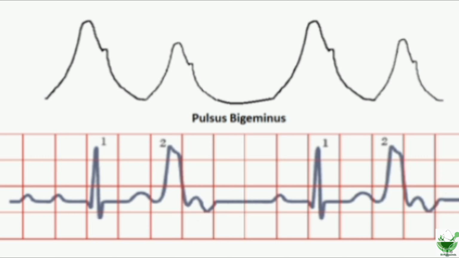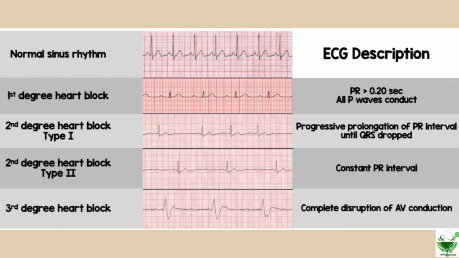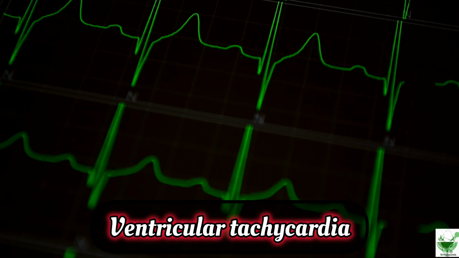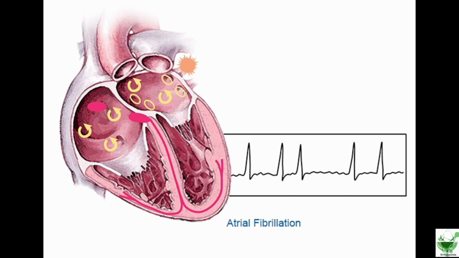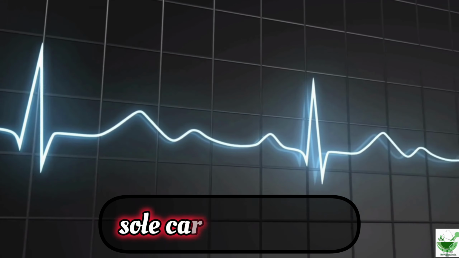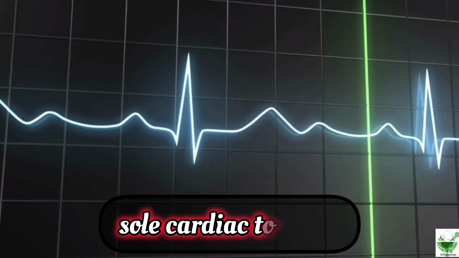Pulsus bigeminus is common. Others are nodal and ventricular extrasystoles, ventricular tachycardia, and ventricular fibrillation. Then partial or complete AV block may be a cardiac toxicity.